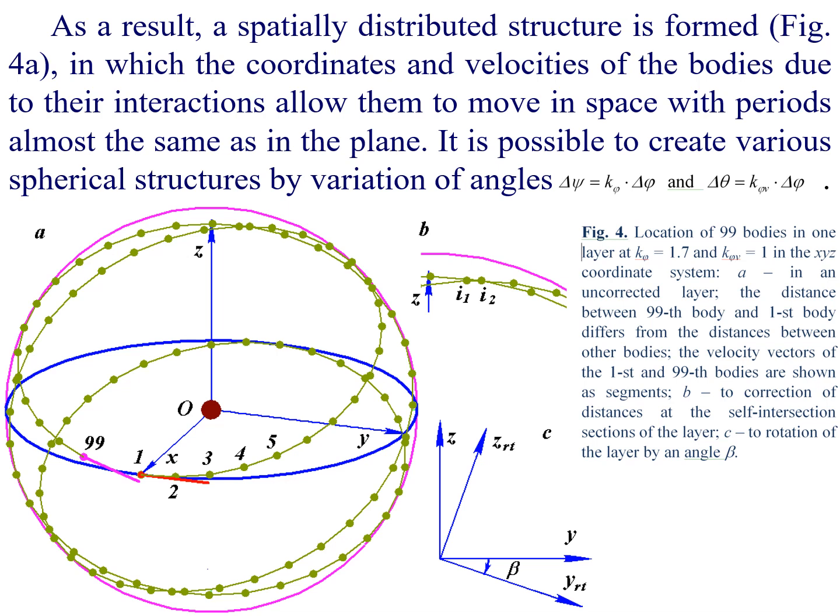As a result, a spatially distributed structure is formed, in which the coordinates and velocity of the bodies, due to their interactions, allow them to move in space with periods almost the same as in the plane. It is possible to create various spherical structures by various values of angles delta psi and delta theta.